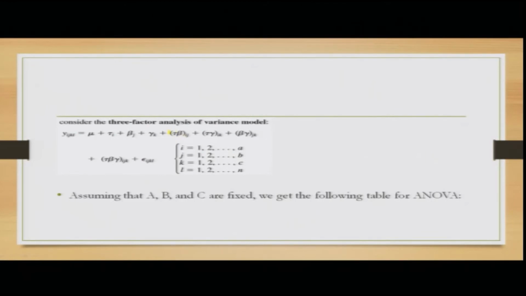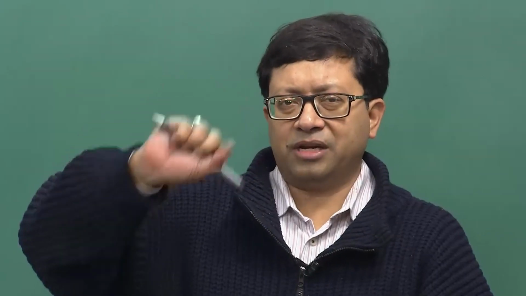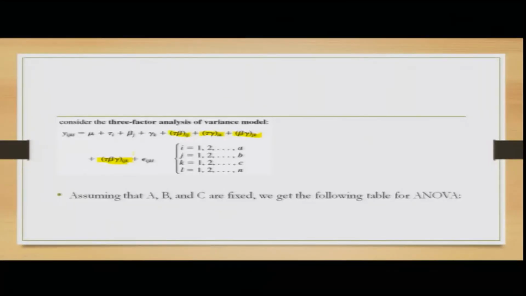And if I go to the next level, which is 3, it will be tau beta gamma suffix i j k. Obviously there would also be an error epsilon i j k l.